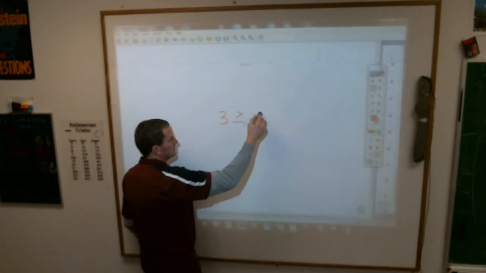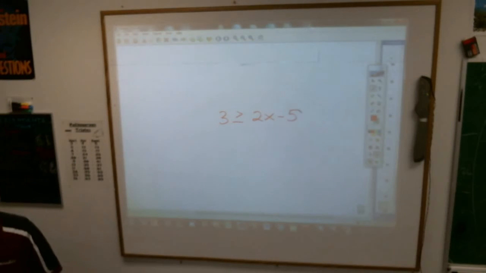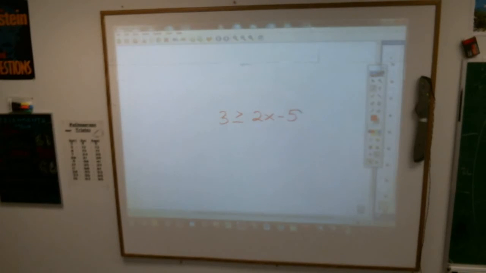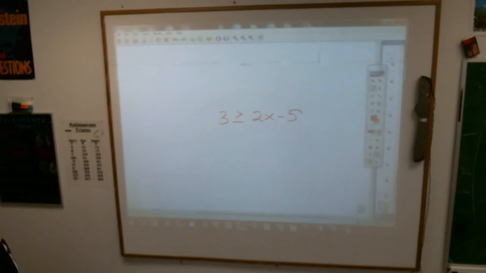Solve and graph, the order. Graph and solve that for me downstairs. See if you get the answer that I get based on past examples and your rules.